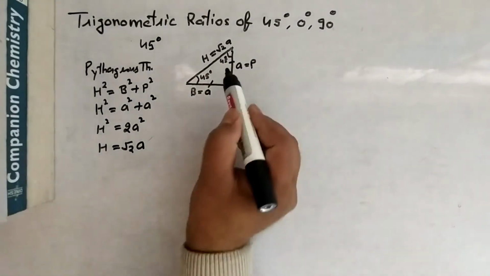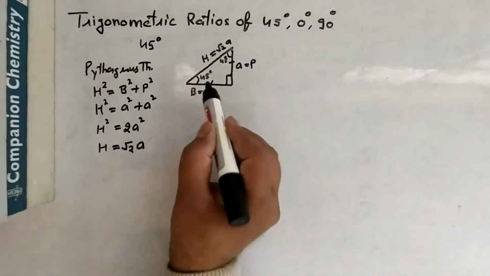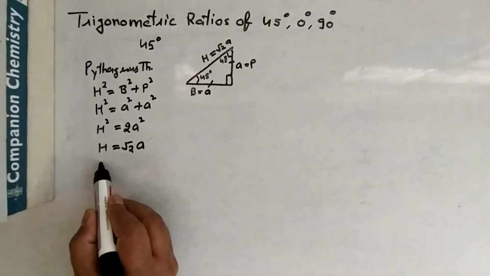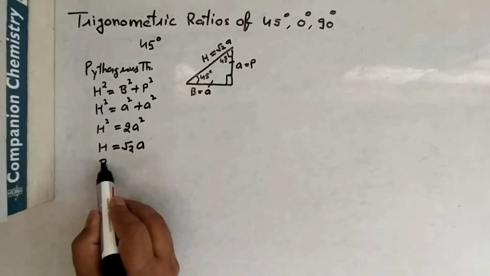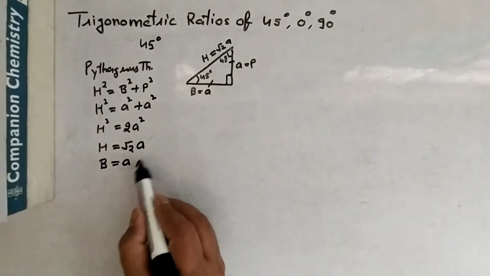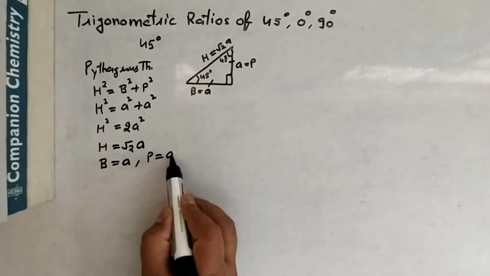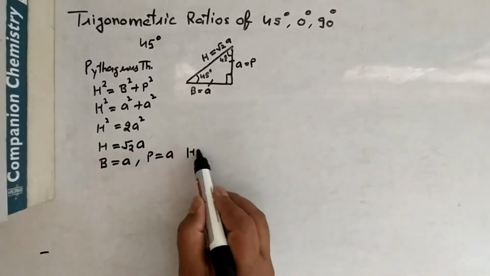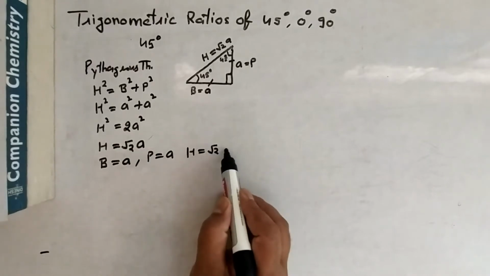Now in this case, base is equal to a, perpendicular is also equal to a, and the hypotenuse is equal to root 2 a.